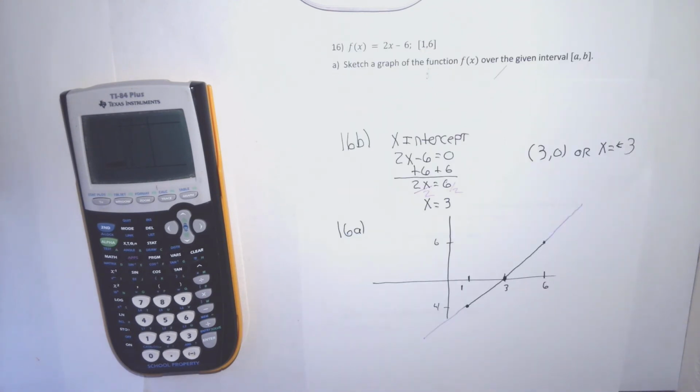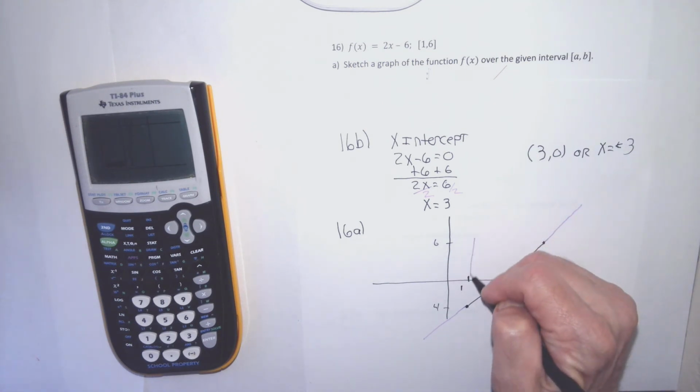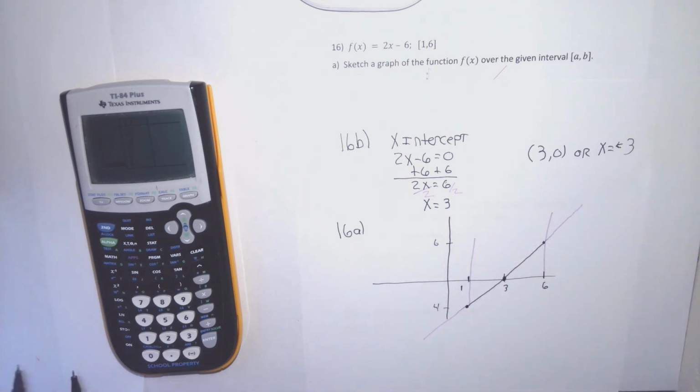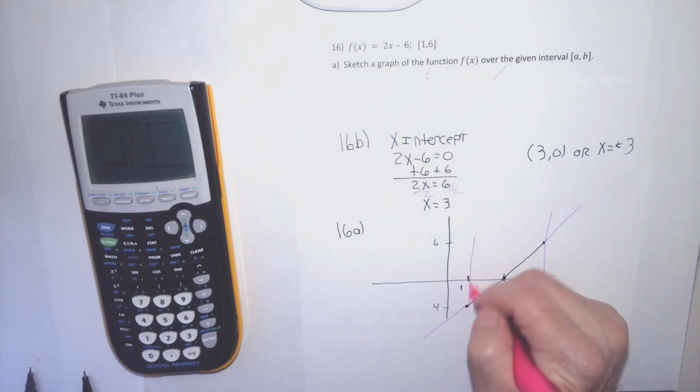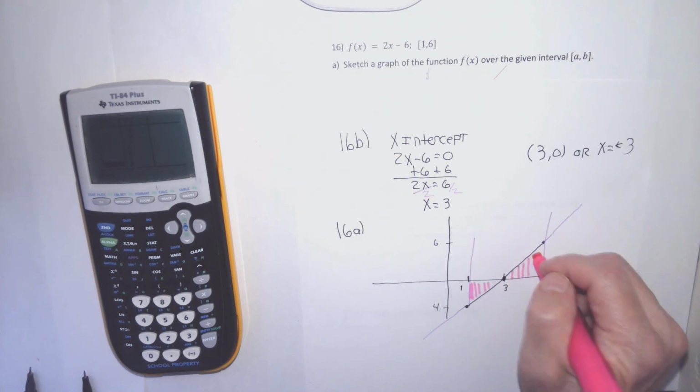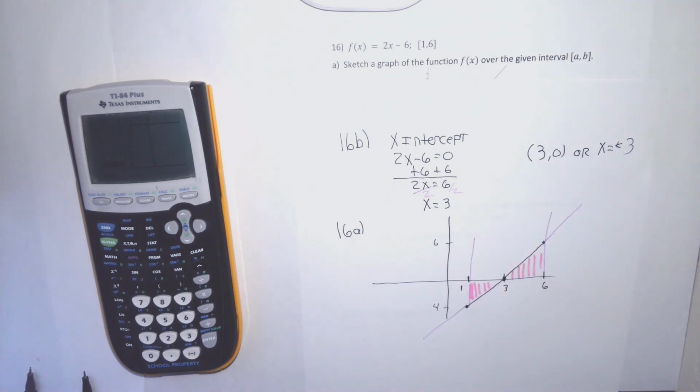So over the integral from 1 to 6, the area that I'm trying to find is this area. I'm going to find this lower area separately from this upper area. So this is a beautiful picture by my standards for part A.